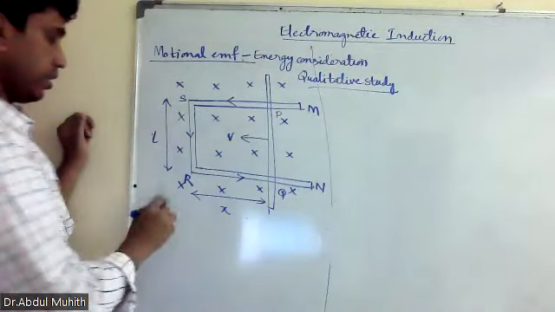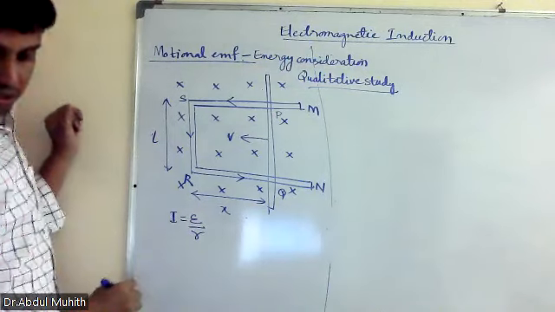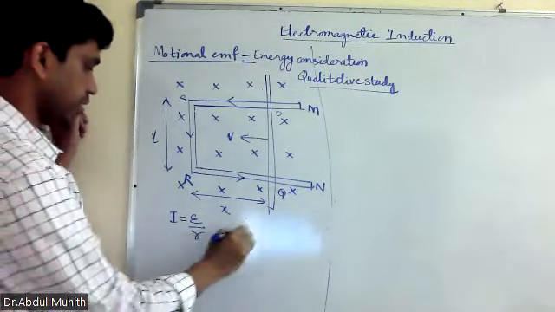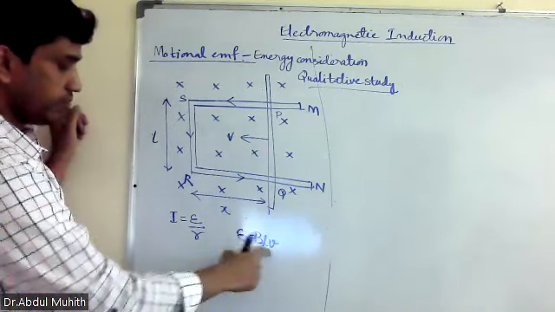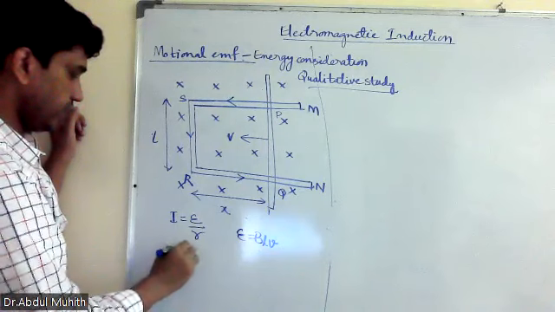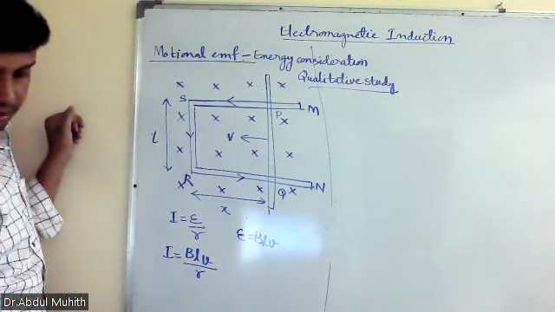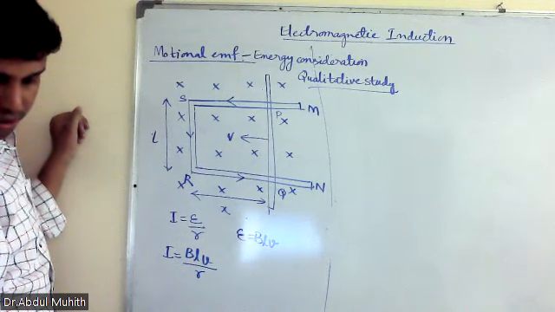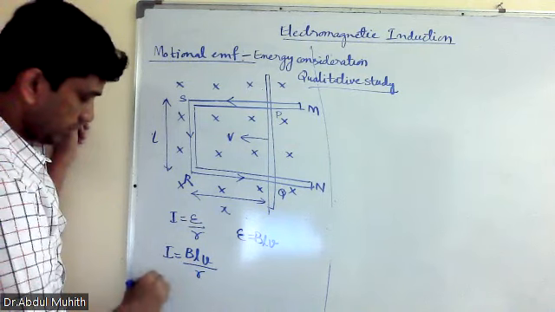Okay, so here the formula is I is equal to E by R. E is equal to BLv, this we studied. The induced EMF is E is equal to BLv. So I is equal to BLv divided by R. Now, we also know that F is equal to BIL.